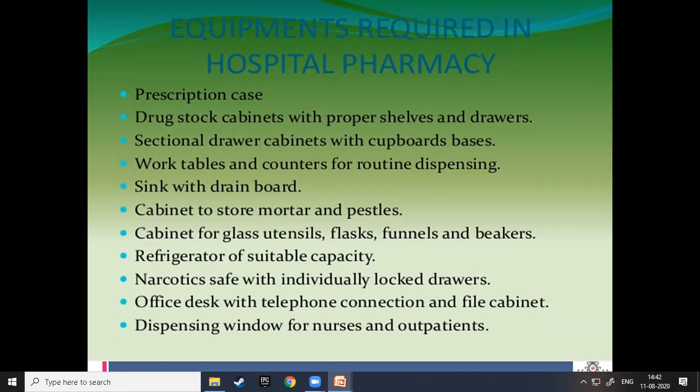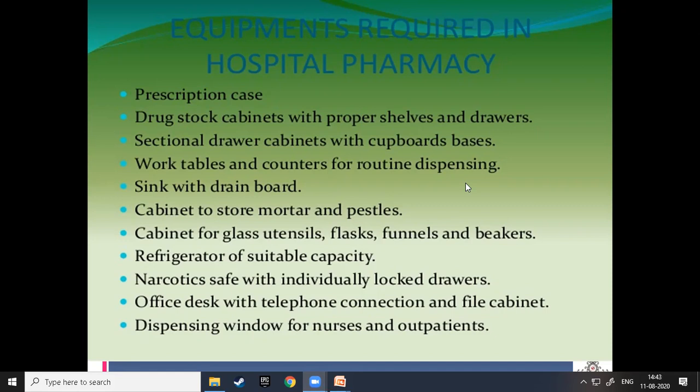Sectional drawer cabinet with cupboards, bases, work table and counter for routine dispensing, sink with drain board, cabinet to store pestle and mortar, cabinet for glass utensils, flasks, funnels and beakers, and a refrigerator, which is very important for any pharmacy, of suitable capacity.